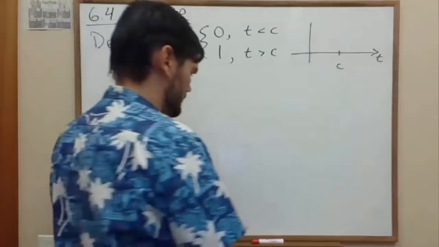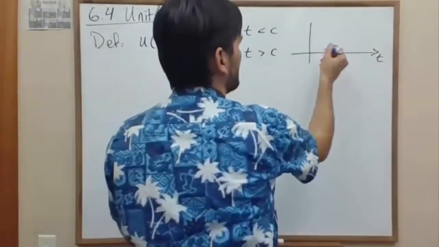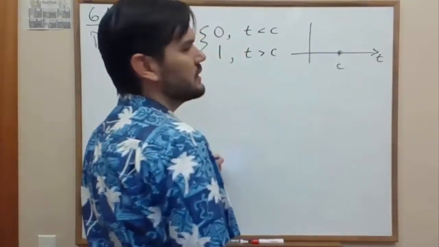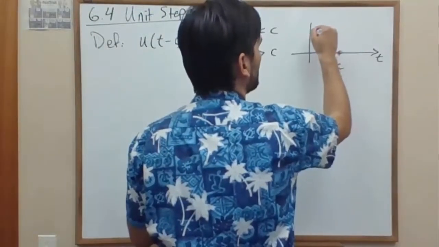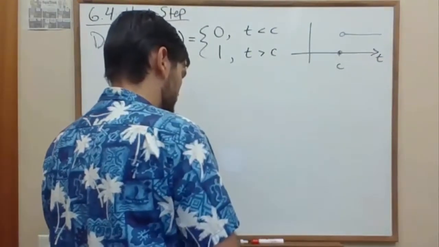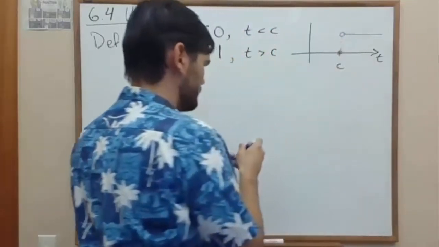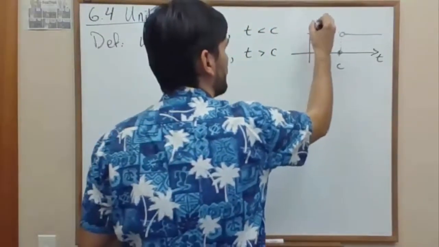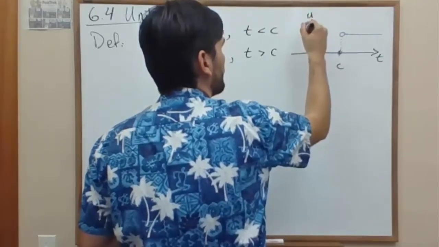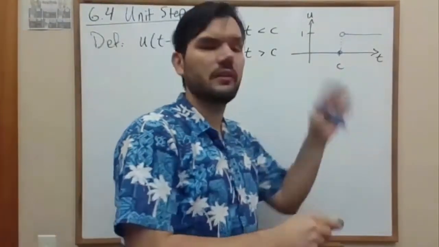And leading up to that value, the function is 0, and then we jump up to 1. So there is our unit step function.